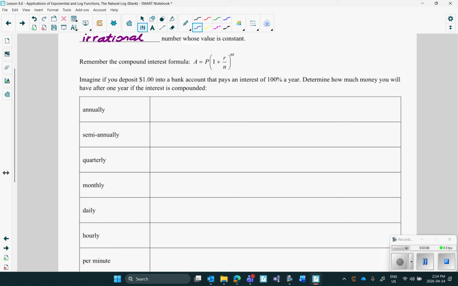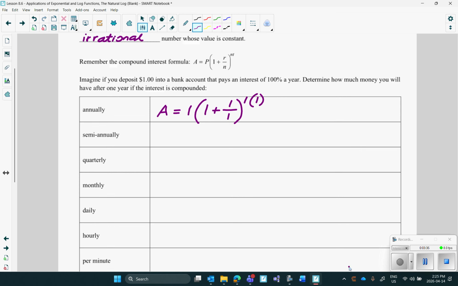Well, it would be A equals 1, because that's our investment, times 1 plus, well, 100%, how do we write 100% as a decimal? 100% is 1. And number of compounding periods? 1 annually.